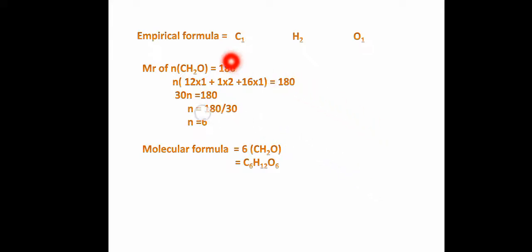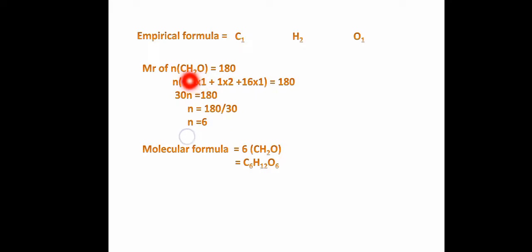We know that our empirical formula is C1H2O1. By the way, we usually just leave out the ones. So you're going to say the relative molecular mass of the empirical formula times n is equal to the relative molecular mass.